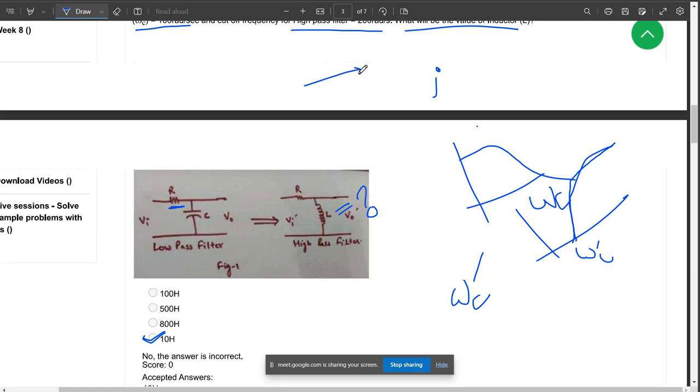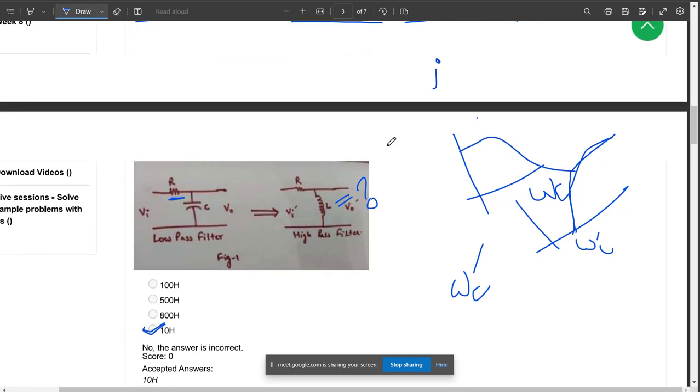C and L are not on the same phase, right? Resistors have the same phase, whereas these have different phases. So it's always negative j. I'm comfortable with negative j. 1 by j omega is okay. But why omega c into omega c dash in the numerator?